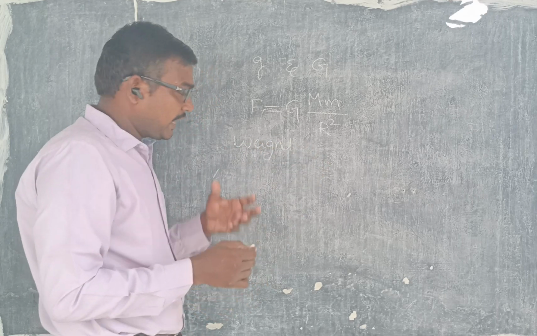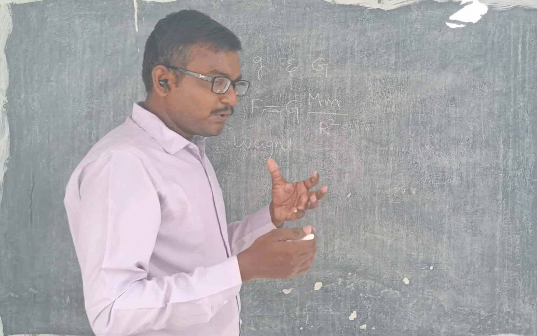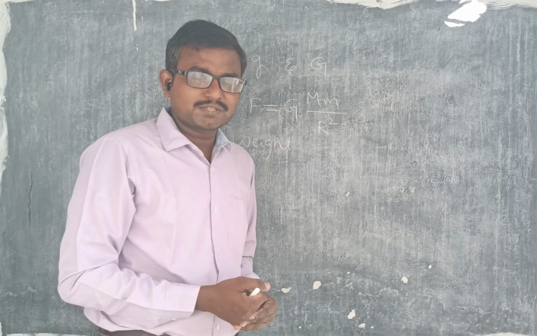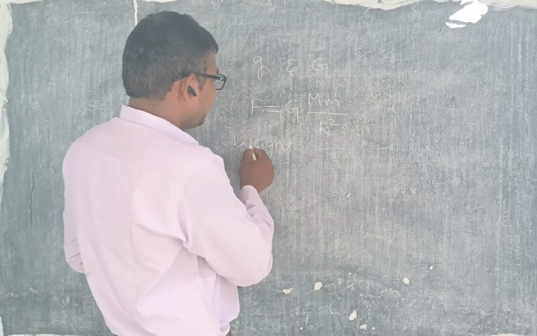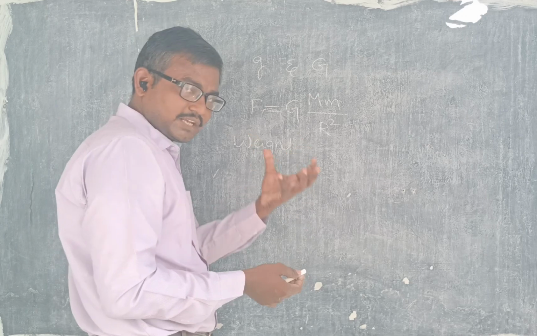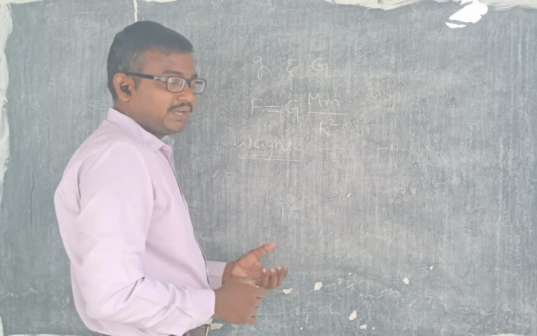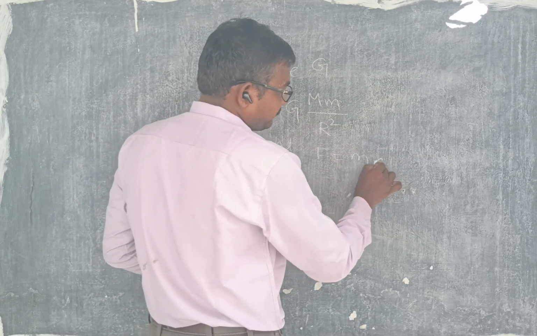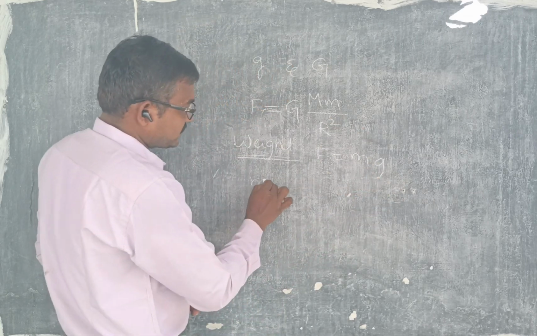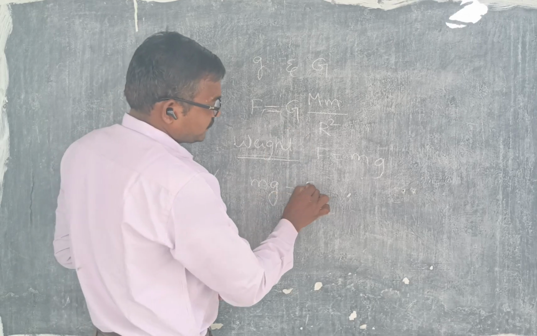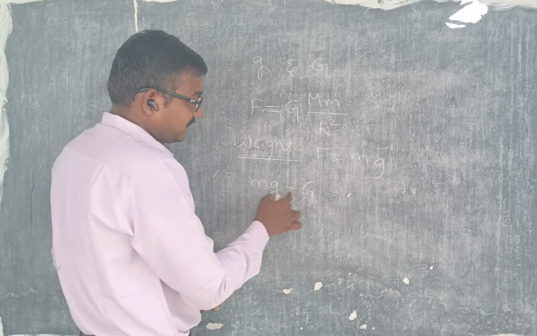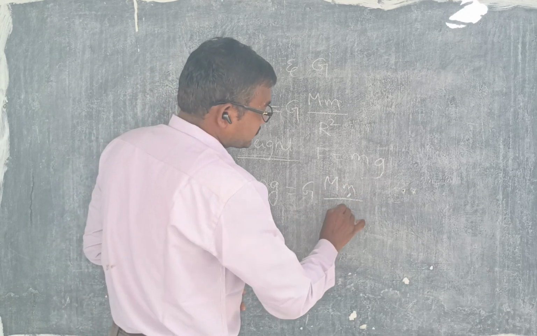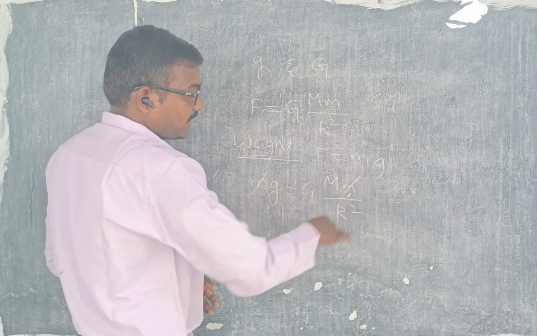Weight of an object means the force on the body towards the center of earth. It is a force. So already we know that F equal to mg. By equating these two equations, mg equal to capital G, capital M, small m by r square. Small m cancels.